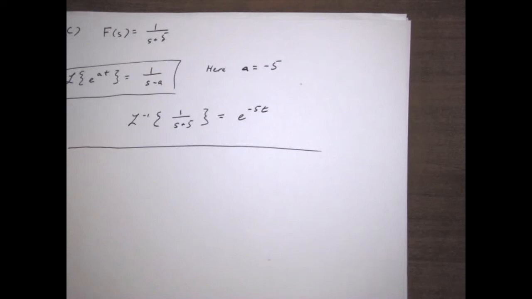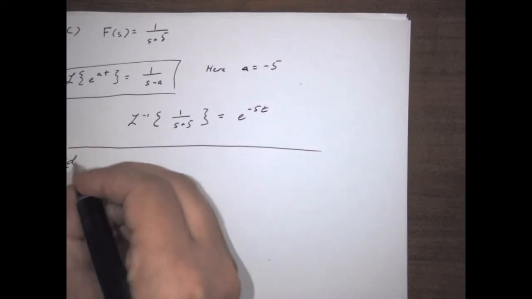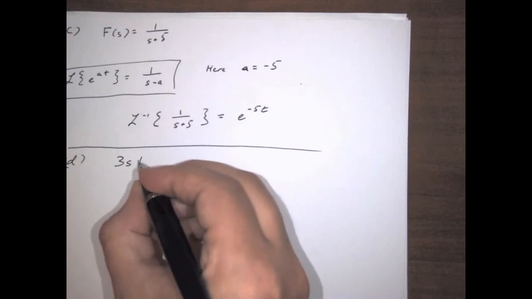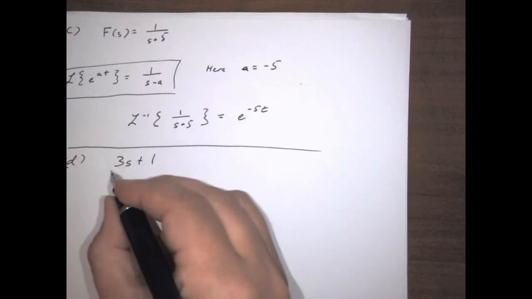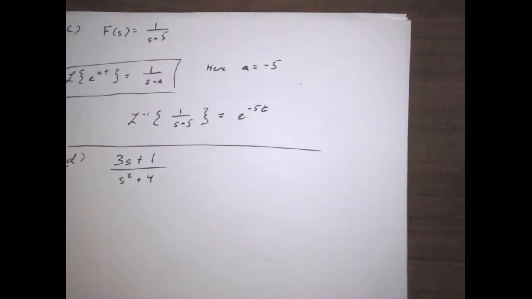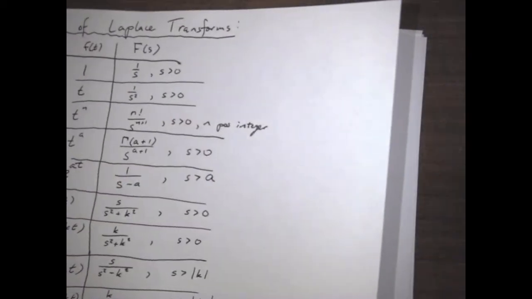Alright, now what if we have something along the lines of this? So let's say we had 3s plus 1 over s squared plus 4. Now if we look at our table, the basic elements of the table here do not have complicated numerators.